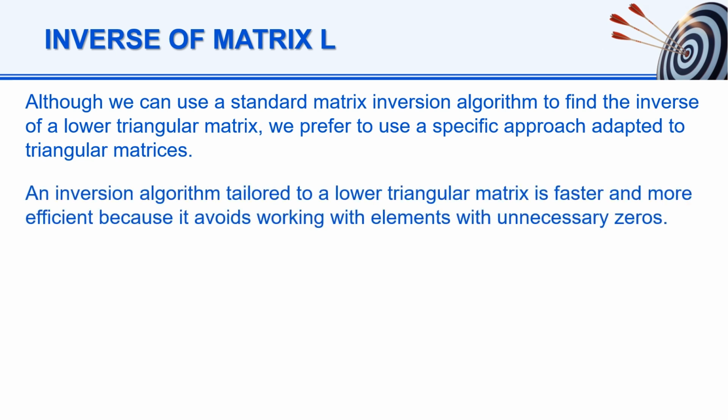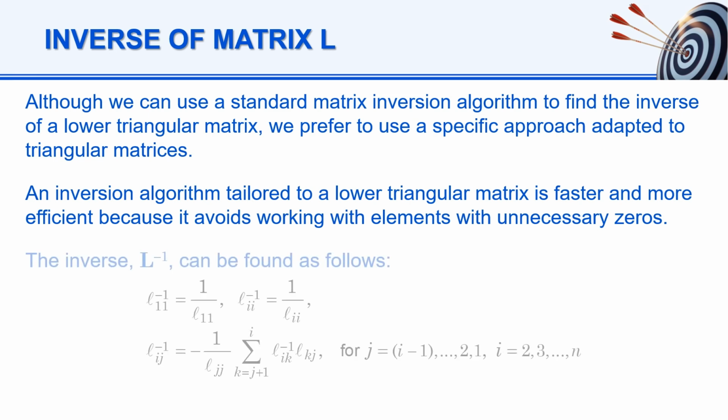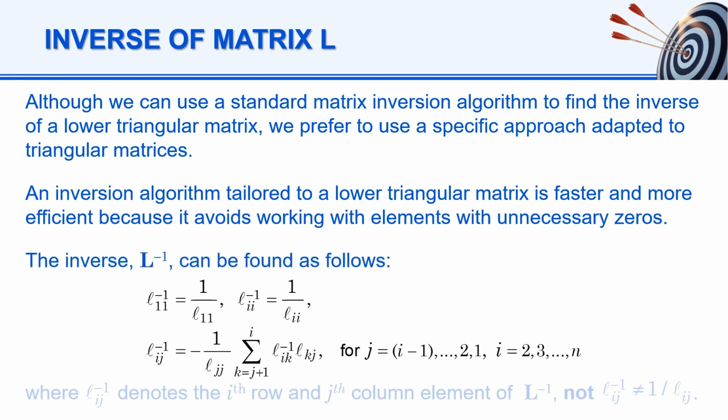An inversion algorithm tailored to a lower triangular matrix is faster and more efficient because it avoids working with elements with unnecessary zeros. The inverse of matrix L can be found as follows, where the -1 as the exponent denotes the ith row and jth column element of the inverse matrix L, not the algebraic inverse.